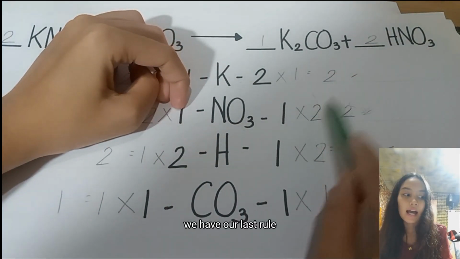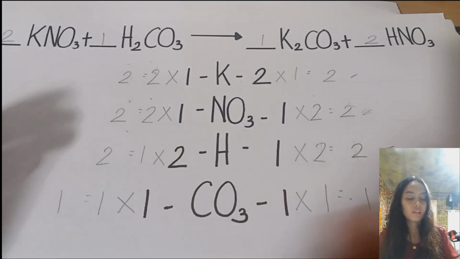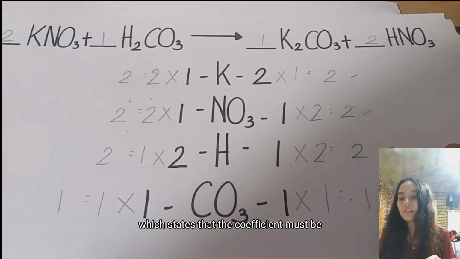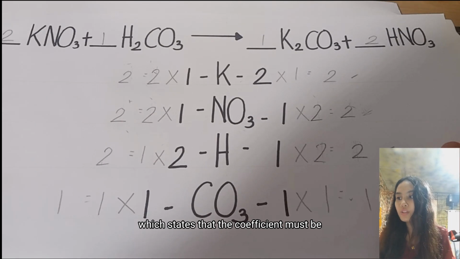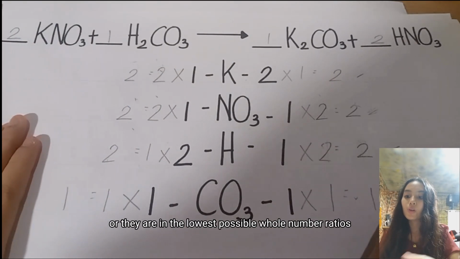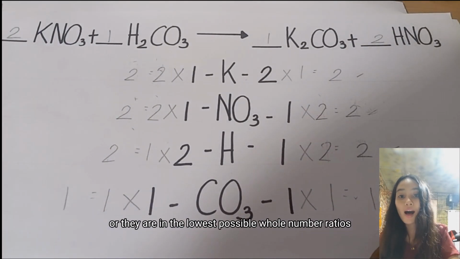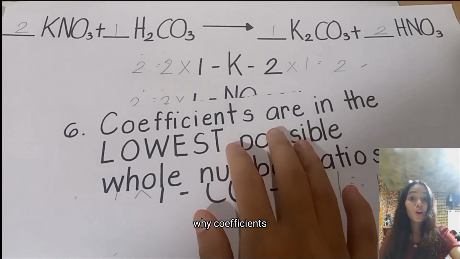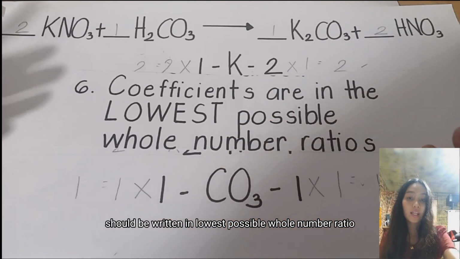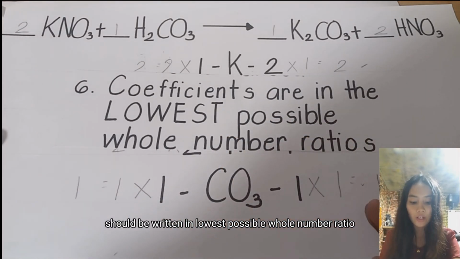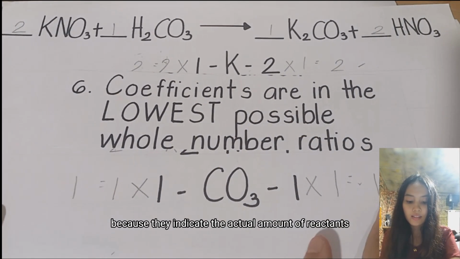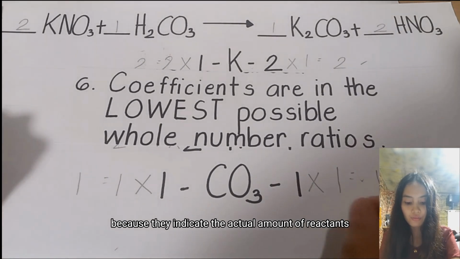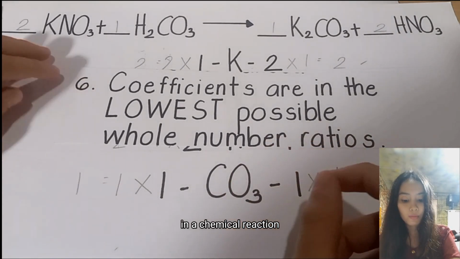We have our last rule, which states that the coefficients must be in the lowest possible whole number ratios. Why? Coefficients should be written in the lowest possible whole number ratio because they indicate the actual amount of reactants and products in a chemical reaction.